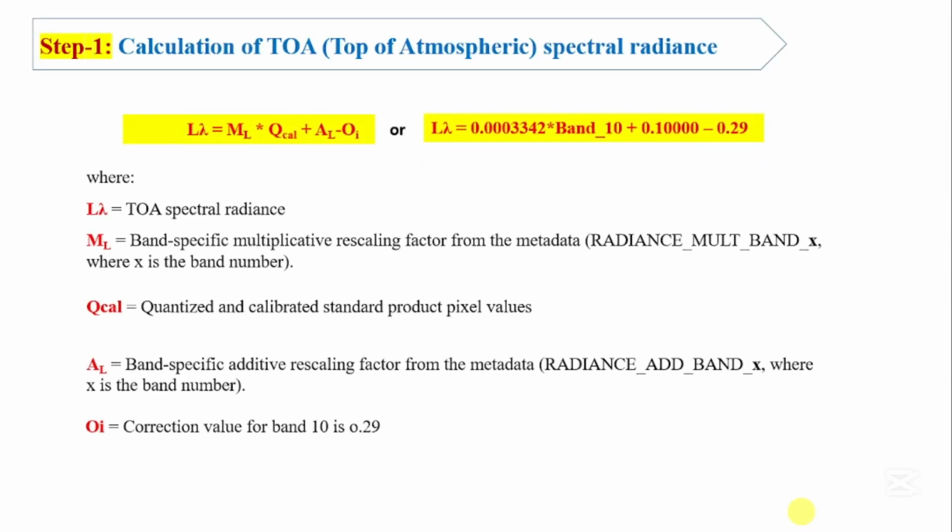So band 10 is the Q_cal, that is the quantized and calibrated standard product pixel values, or simply it indicates band 10 in Landsat 8. And then A_L is the band-specific additive rescaling factor, or the radiance add band. X is the band number.